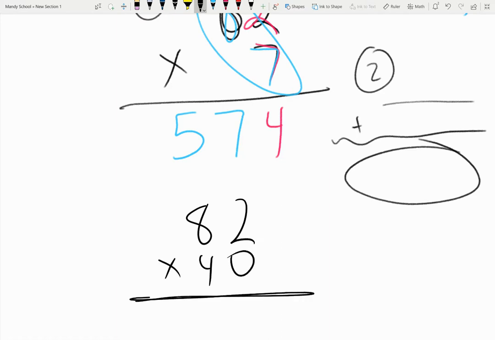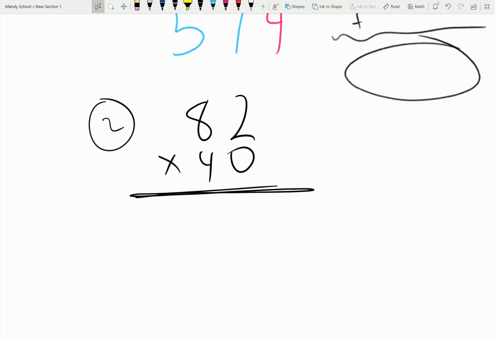So right away I can see, this is our number 2 way for partial product. I can see that the 40 has a 0 at the end. So I know all I need to do is multiply this number times this number, and then this number times this number, and then add the 0 at the end, right? Anything with a 0, I can just add at the end.